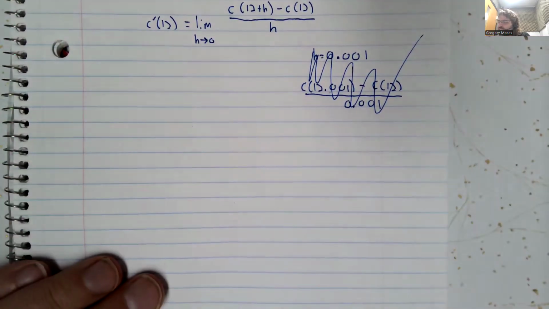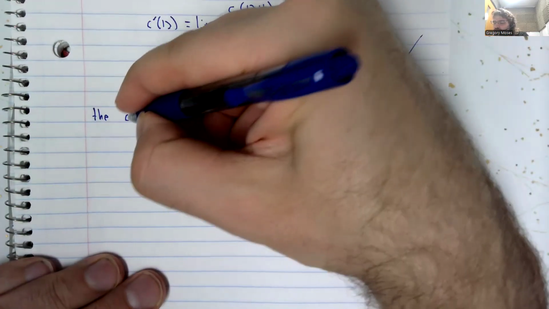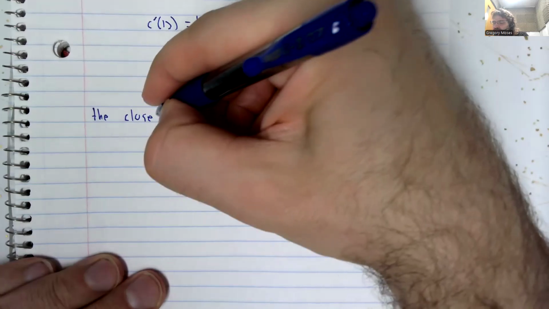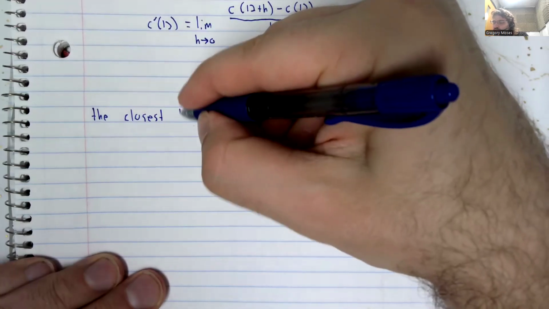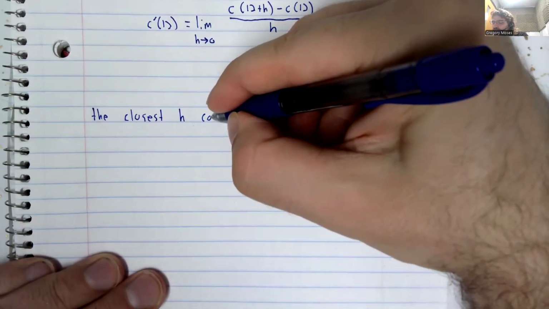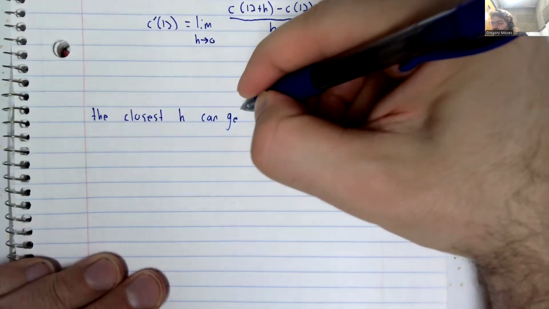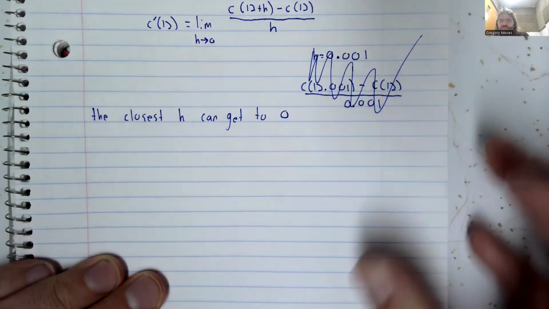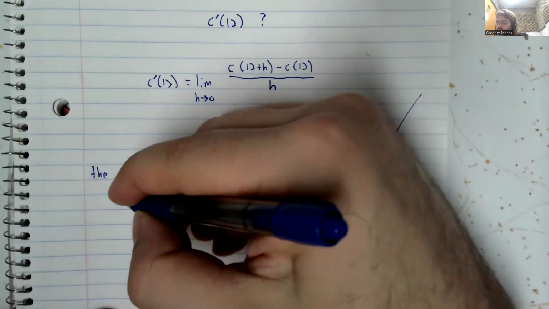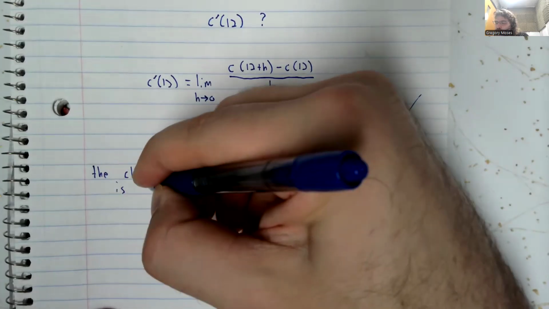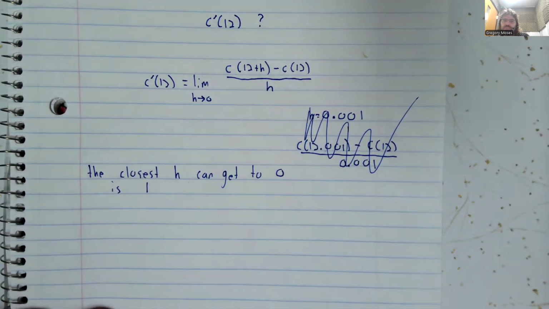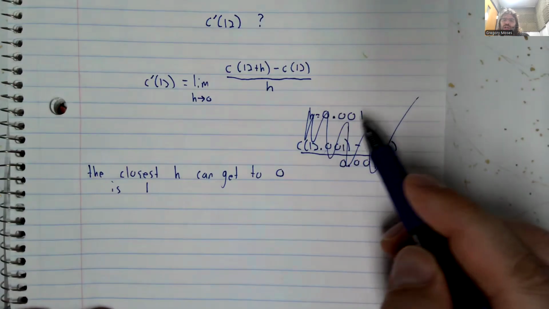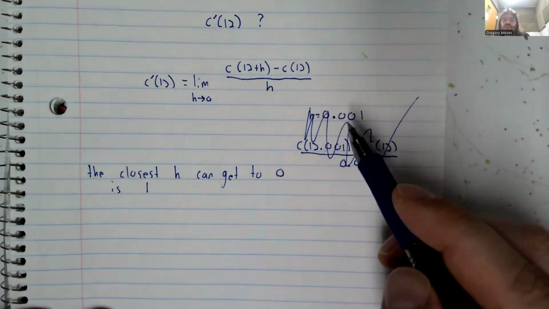So we're taking this limit, but the closest h can get to 0 is 1.